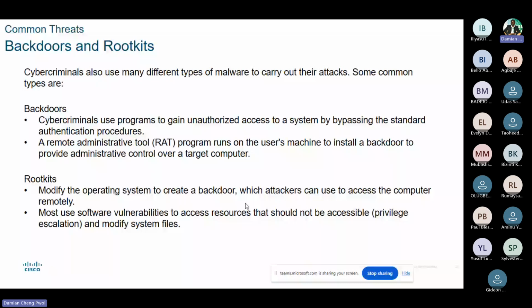Most use software vulnerabilities to access resources that should not be accessible, escalate privileges, and modify system files. This is similar to gaining administrative privilege, but in this case it's more like gaining access to the core of the operating system.